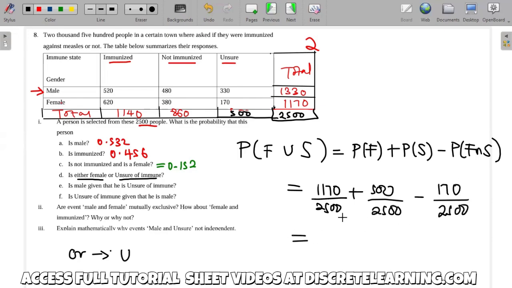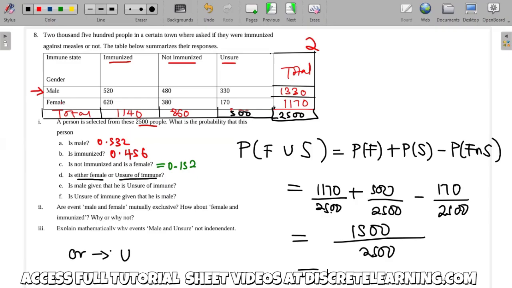So this will be what? Since the denominators are the same, I'm just going to write one denominator and add and subtract whatever is on top. So 1170 plus 500 minus 170 will just be 1500. Then I divide this by 2500.